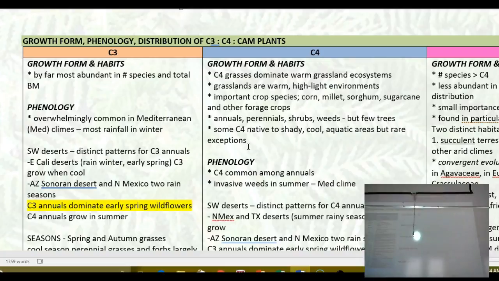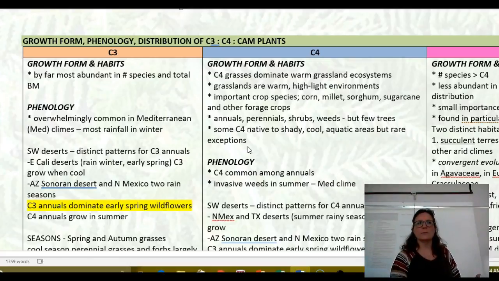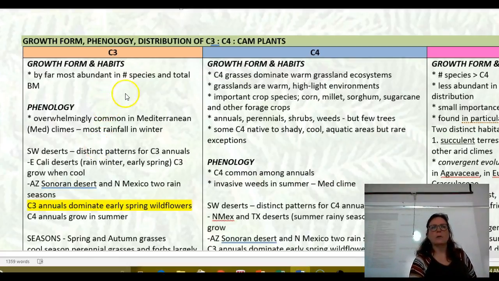How does that differ from a C4 and a CAM? Put them side by side so you can learn this is what this is, this is what that is, and then look at how they differ, look at how they're the same, maybe timing, whatever the difference between them. So looking at growth form and habits, let's just start there.